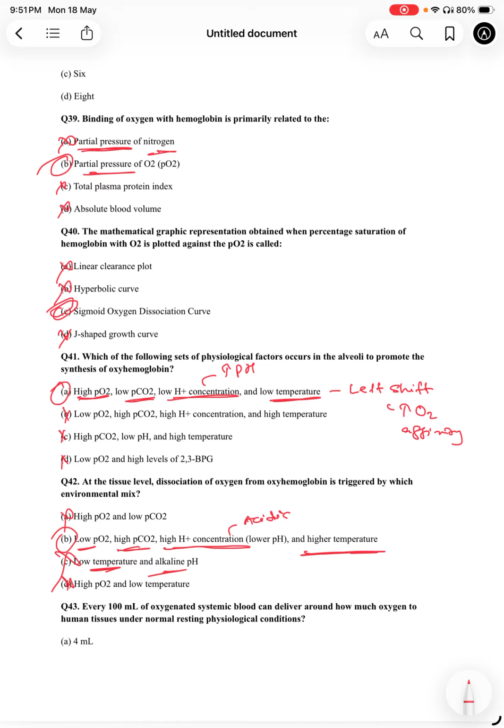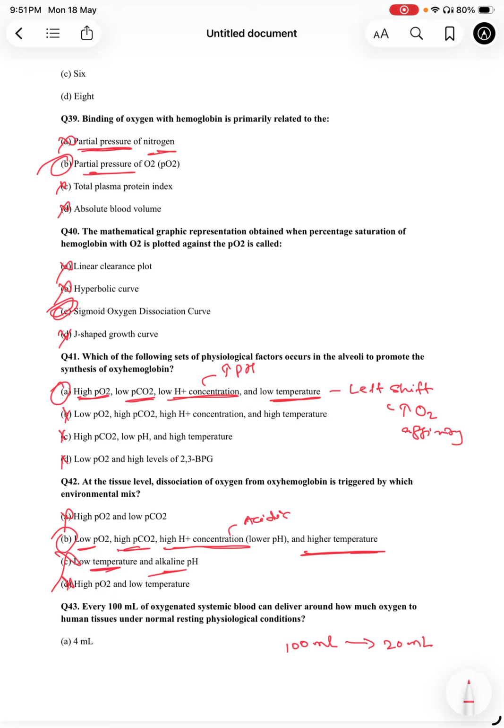Okay. Now, every 100 ml of oxygenated blood, systemic blood can deliver around how much oxygen to human tissues under normal resting physiological conditions? So, what is the answer? Under resting physiological parameters, 100 ml carries about 20 ml of oxygen.